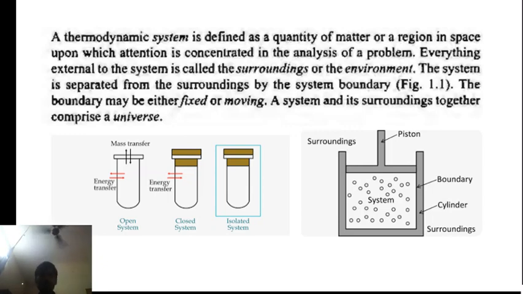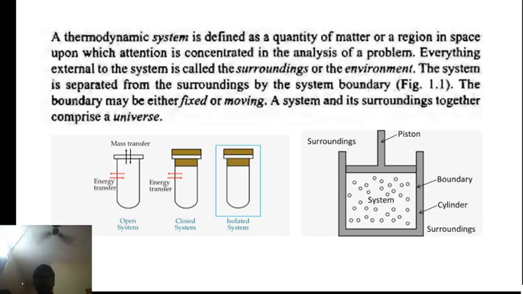In our universe there is a huge space available, but we try to select some particular space to study or for research purposes. So for example, see, there is a college, there is a school. The particular college is the system under which we are working.